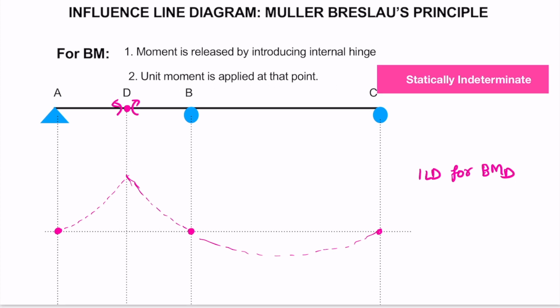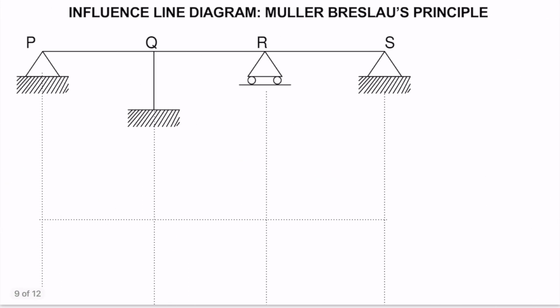After discussing the Muller-Breslau principle for drawing influence line diagram both for statically indeterminate beam and determinate beam, we will come to our final solution. So here we needed to find which span we should load so that we can get maximum upward reaction at point P. So for this we will draw ILD for support reaction P. So for drawing ILD for support reaction P, the first step is remove the vertical restraint from point P. So we will remove this restraint, and the second step is we will apply unit displacement at point P. So we will apply the unit displacement like this.